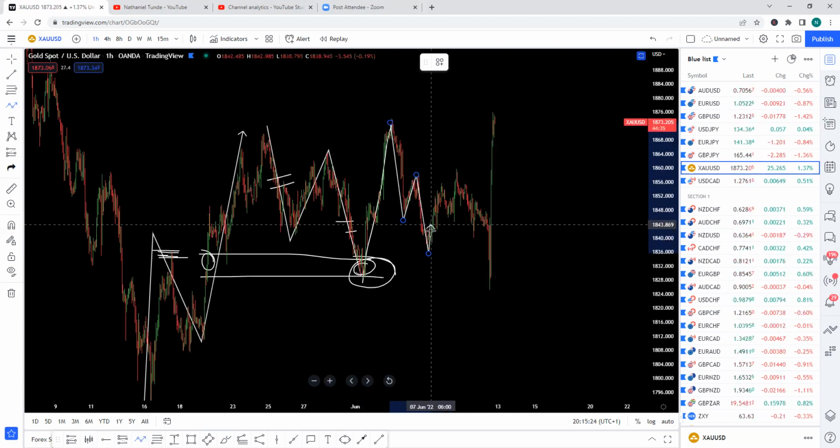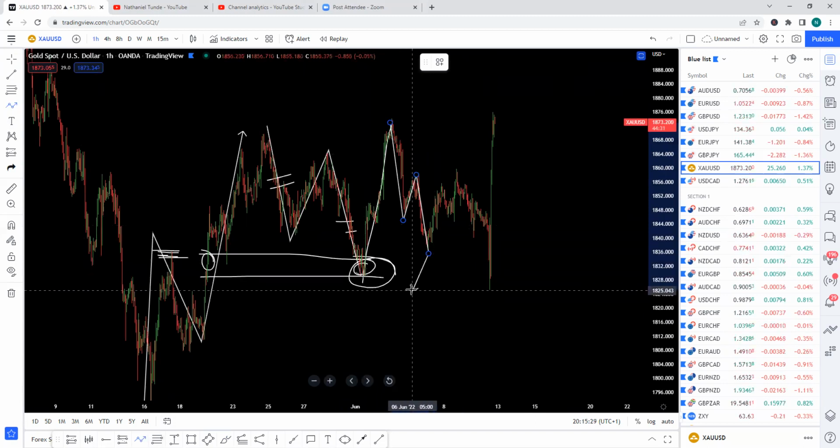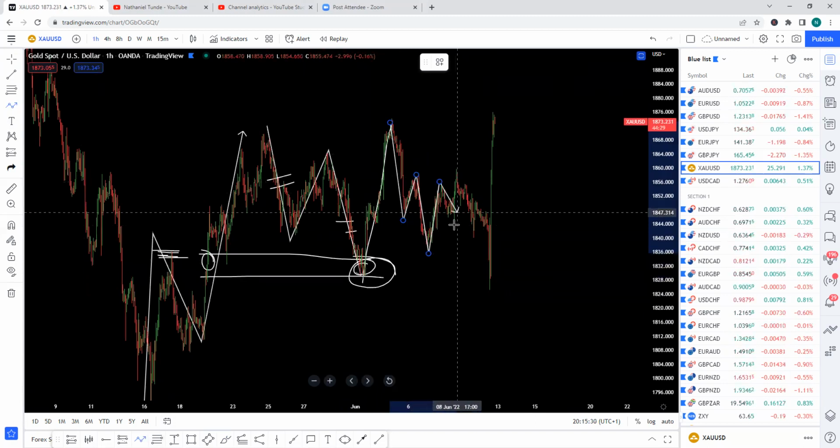Since it did not get to the downside here, and it was forming a 3-wave structure here, I was looking at it. What kind of corrective structure is this? I was saying, is it possible that this will be 3 waves down, 3 waves up, and then 3 waves down?